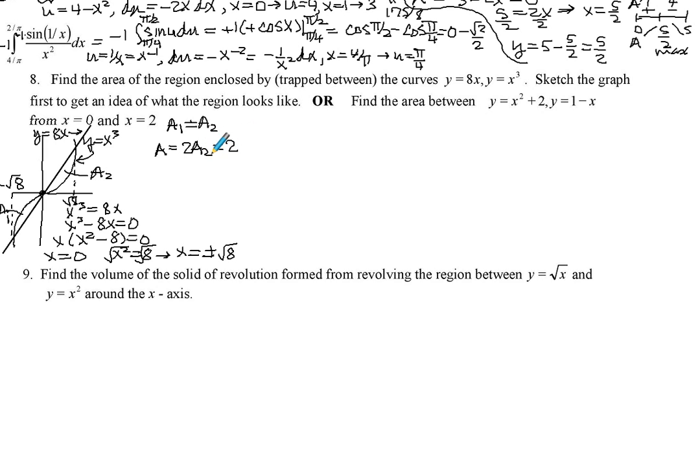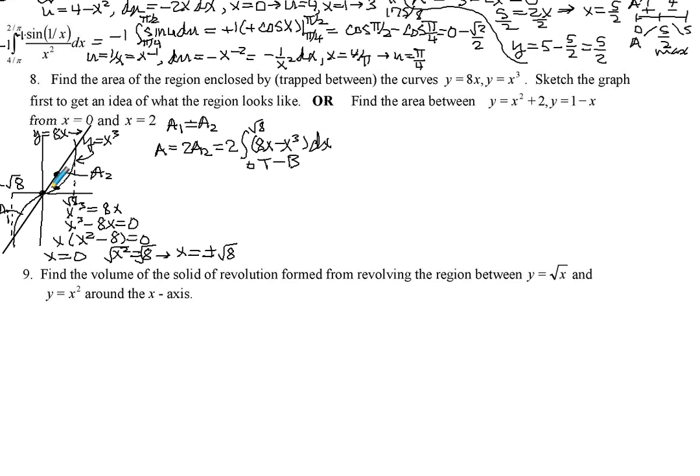So 2, and then area 2 is just going to be the integral of top function minus bottom function. So this is going to be the integral of the top function, which is the 8x, and the bottom function is the x cubed. And that's with respect to x, so that's top minus bottom, and we're adding those up from 0 to root 8.